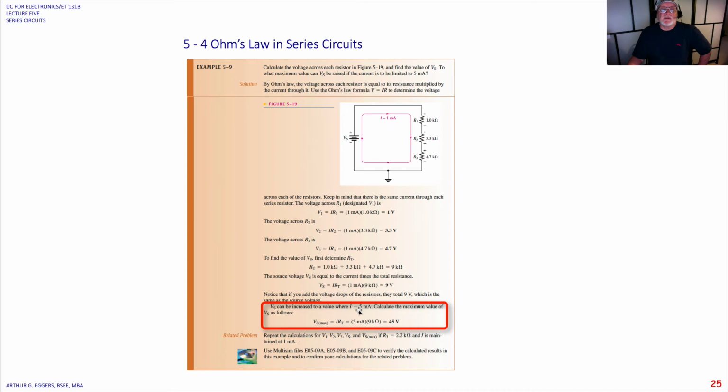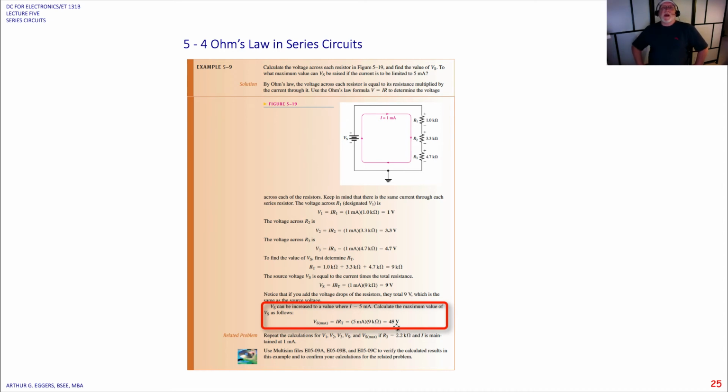Calculate the maximum value that the source can be now that we have upped the current to 5 milliamps. So instead of multiplying times 1 milliamp, we multiply times 5 milliamps. So 5 milliamps times 9 k ohms gives us 45 volts.